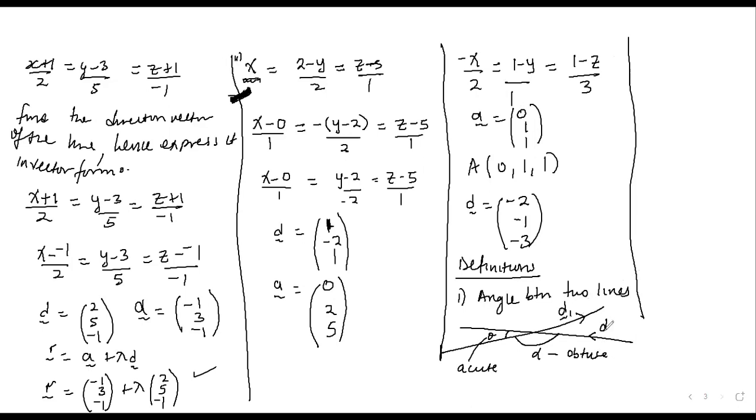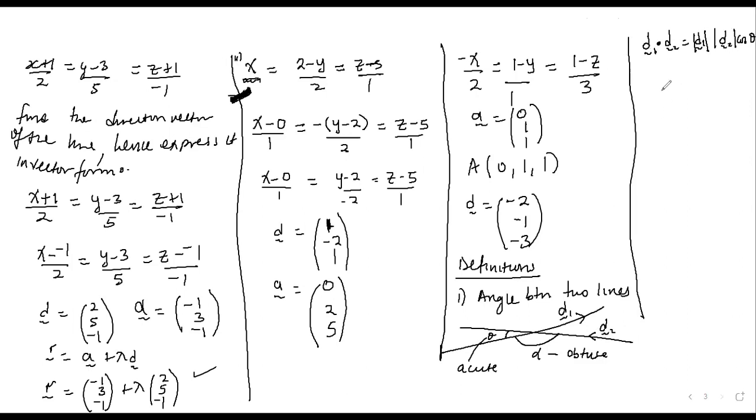This other line will have a direction vector D2. So it's the same as getting the direction vector D1, dot it with the direction vector D2, and use the dot scalar product to find the angle between them.